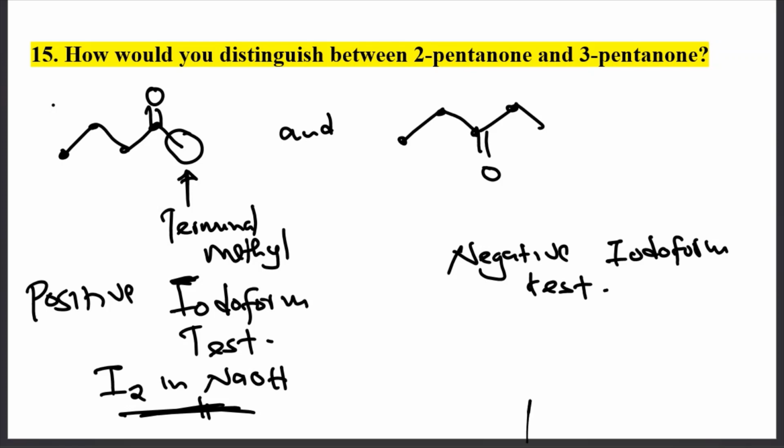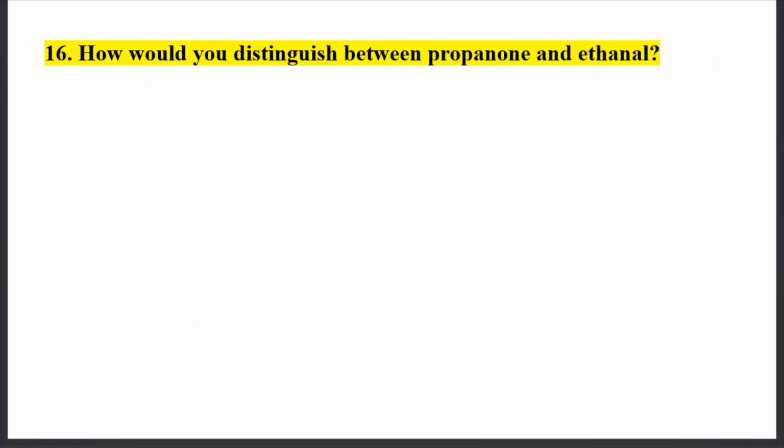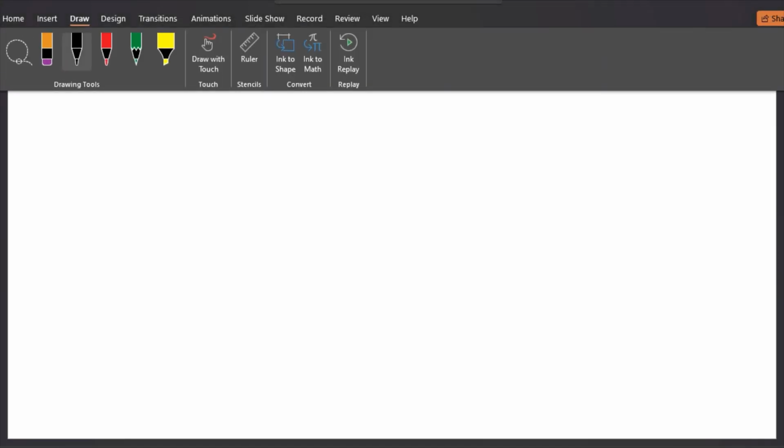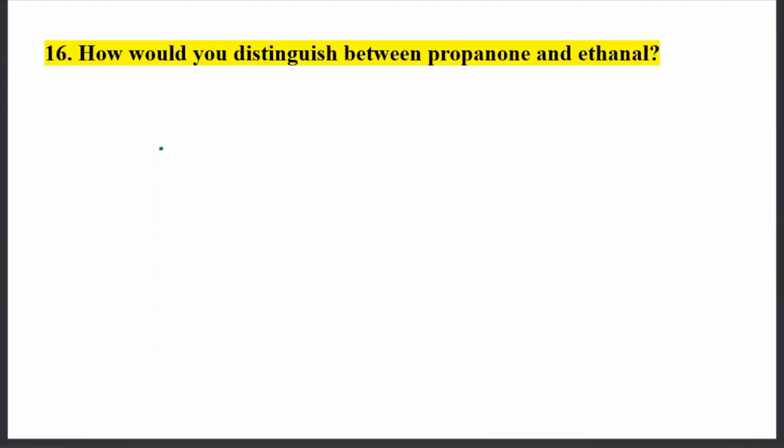It's very easy. The last but not the least, how you distinguish between propanone. Propanone is this. And ethanal. So ethanal is like this.